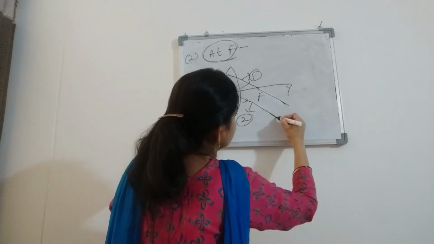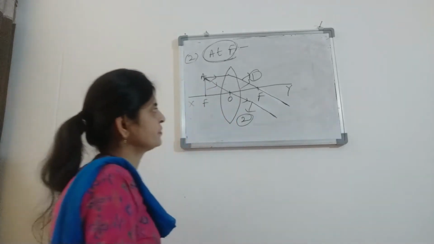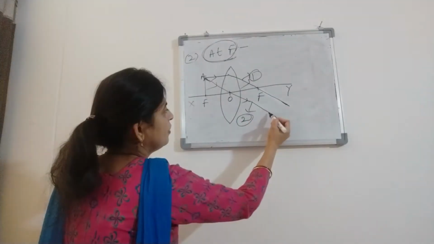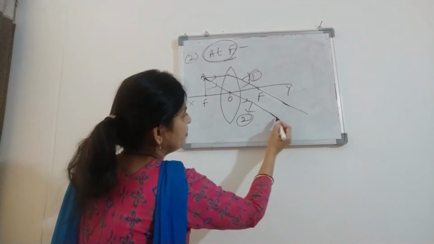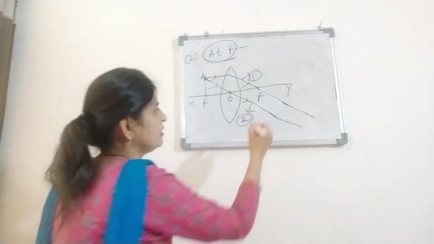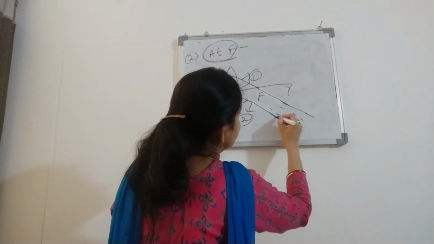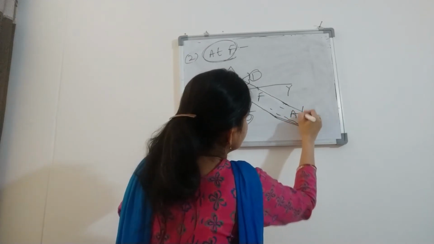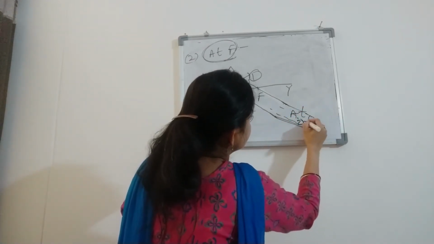What is the nature of the refracted rays? These two are parallel to each other. Parallel to each other means the image is formed at infinity.